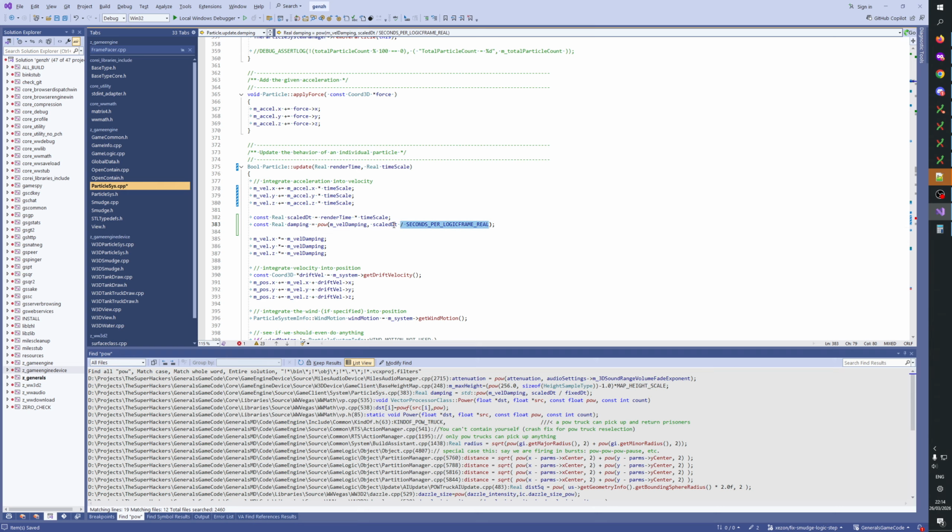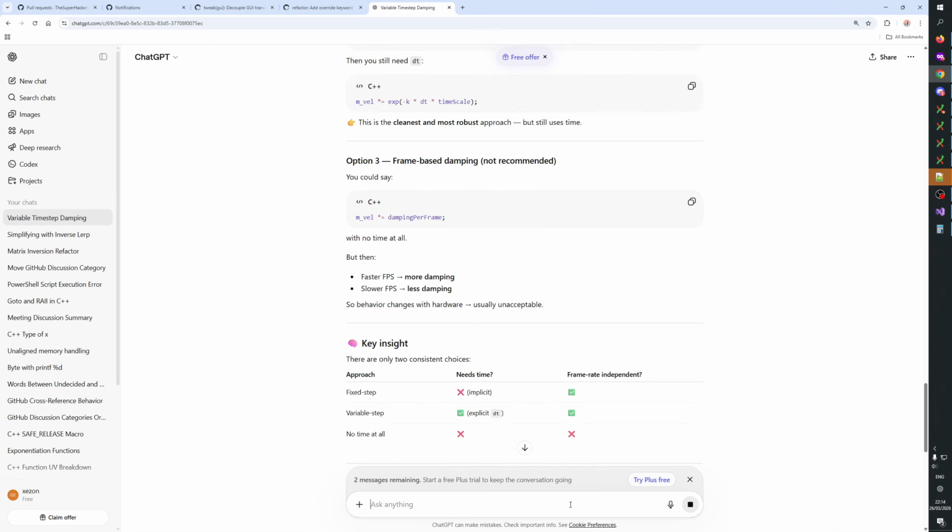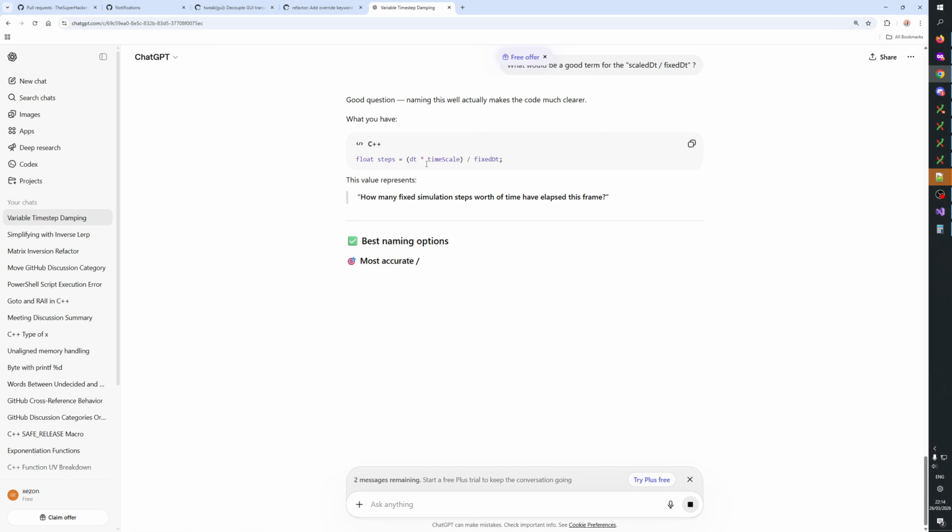Then we take this and do. What would be a good term for the steps?